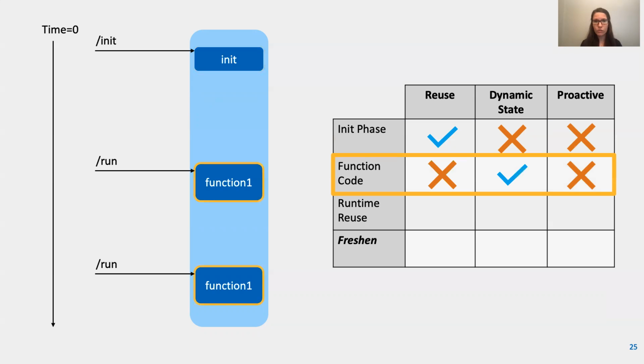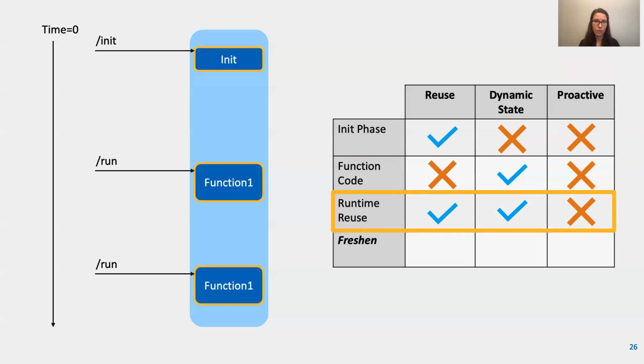Now, you could also do this fetching or other things within the actual function code. So this would be like our very initial IDCAT example where the function itself goes ahead and fetches the ML model each time. And that will be up to date, so we get this notion of dynamic state. Runtime reuse, which we covered last, kind of combines the two of these.